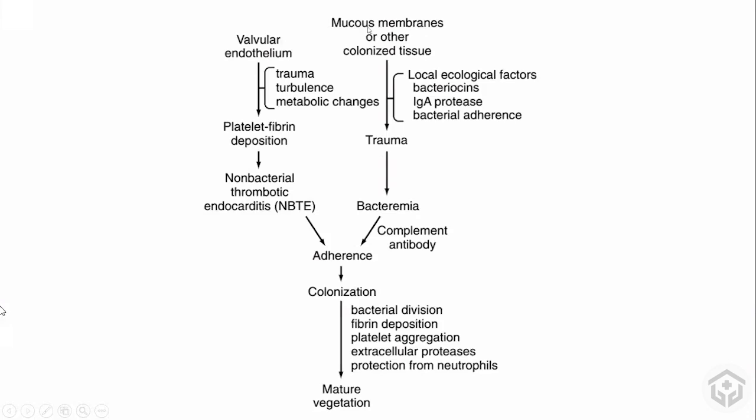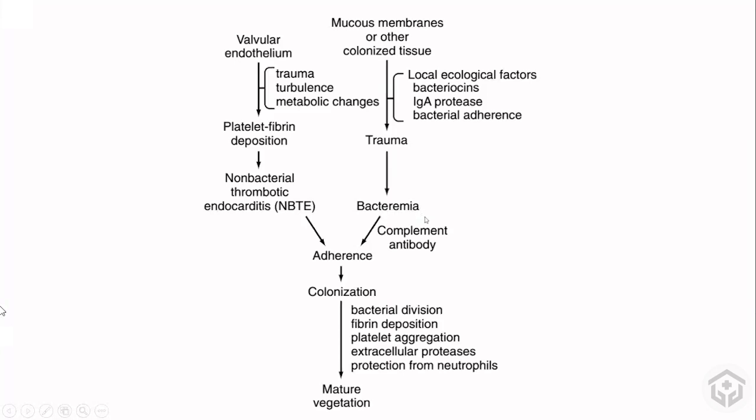But there is also the transient bacteremia entity. When there is some trauma to the mucous membrane or any other heavily colonized tissue, organisms will enter the bloodstream, and that will lead to transient bacteremia.